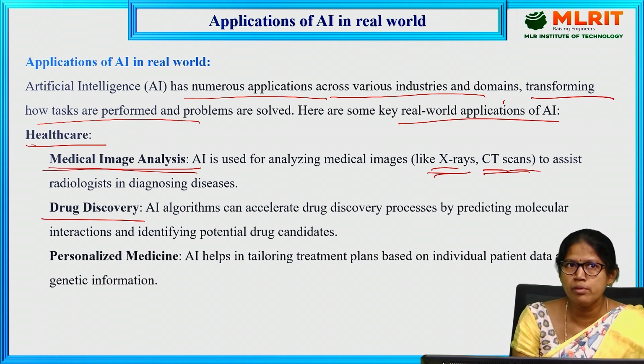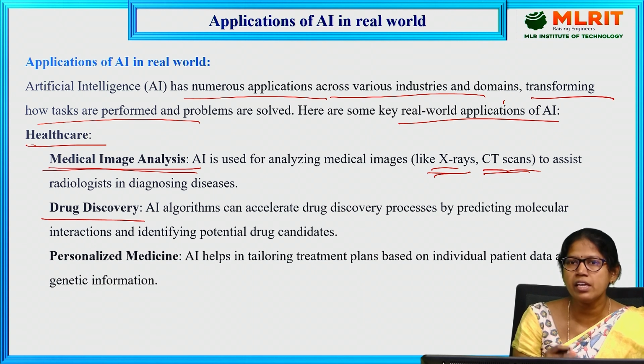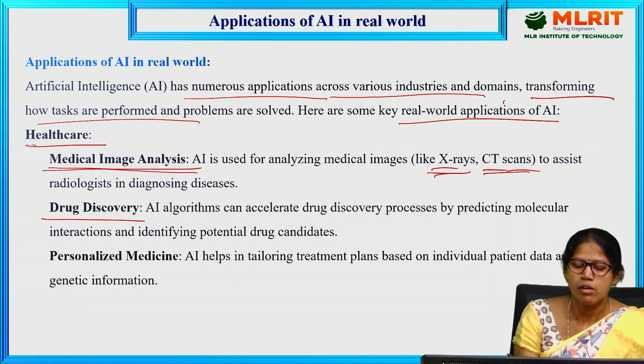The next one is drug discovery. If you have seen in the COVID time, there was no drug initially. If it is human made, it takes time, and each and every time they need to test one molecule against another molecule. After that, it has to be refined 1,000 times, 2,000 times to get one medicine, one drug.